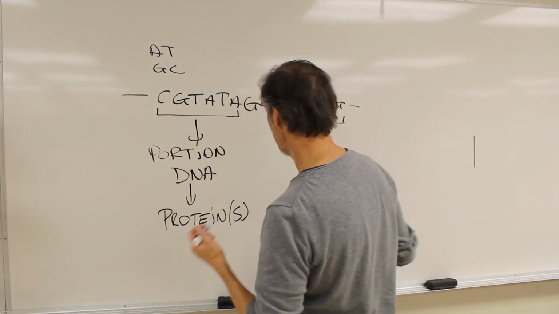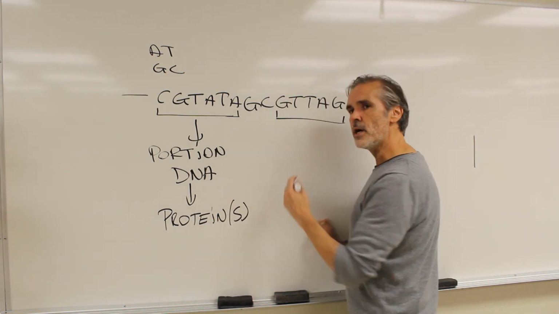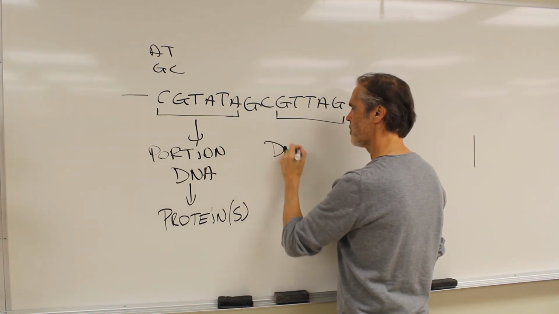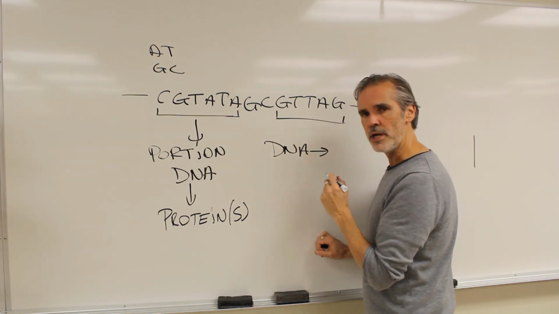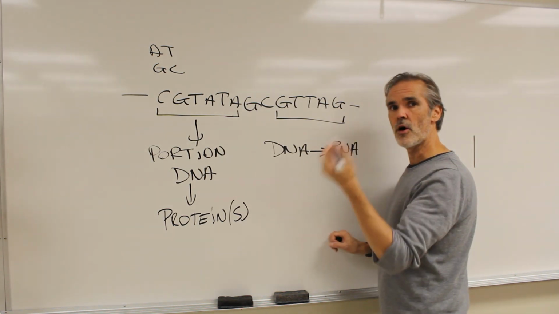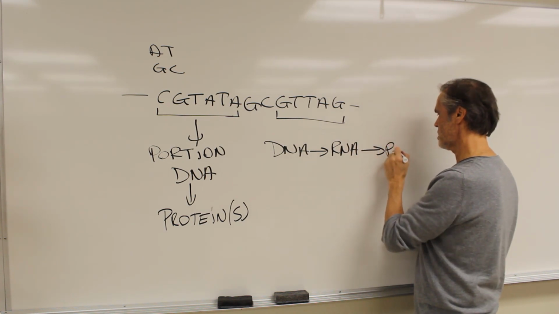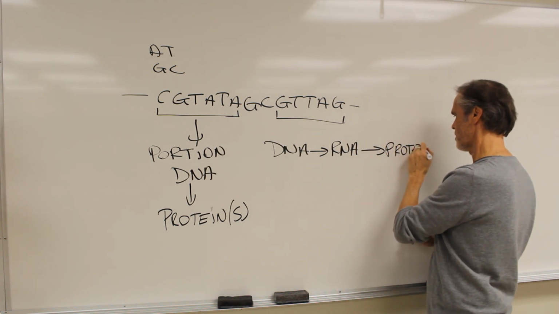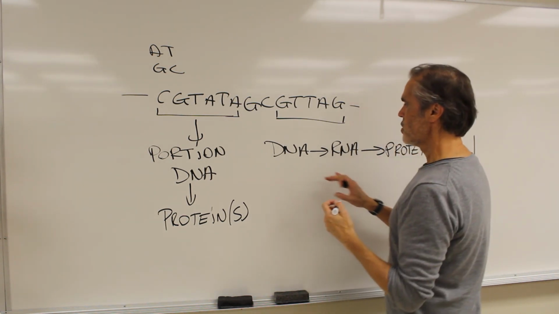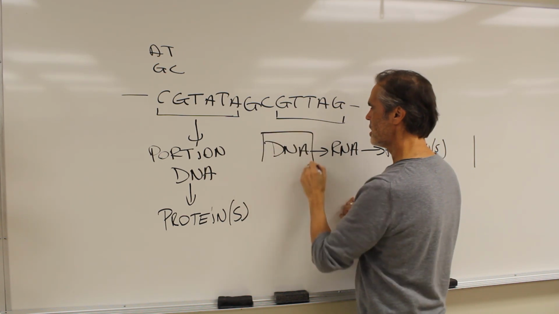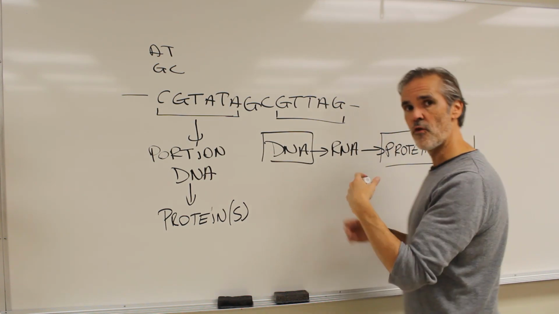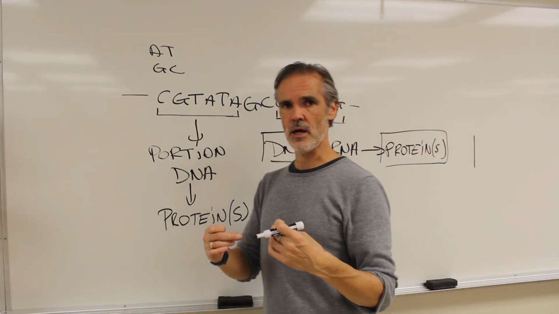Why am I saying this? Well, here's why. We know, and we will see in this course a little bit further down the road, that DNA, at some point, leads to the formation of RNA. And that RNA leads to the formation of a protein, or in fact proteins. Okay? So a gene at some point will result in a formation of proteins by the cell.